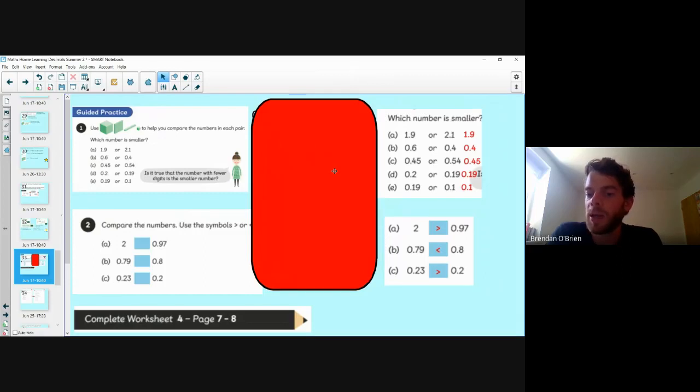Okay. We don't have to think about the amount of decimal places and how that affects the size of the number, because there can be a number to 1 decimal place which is larger than a number with 2 decimal places, or it can be vice versa.